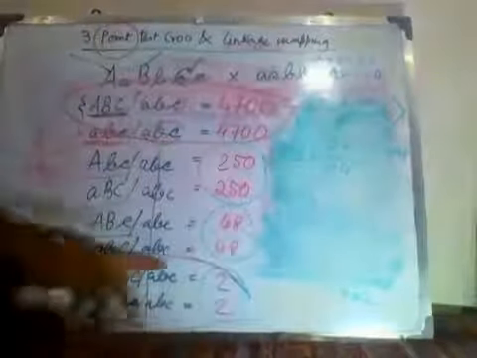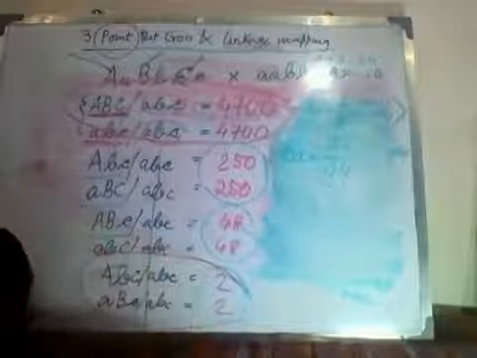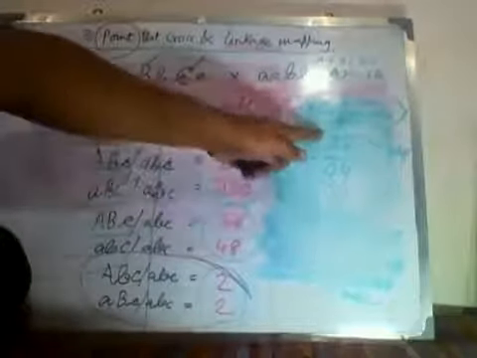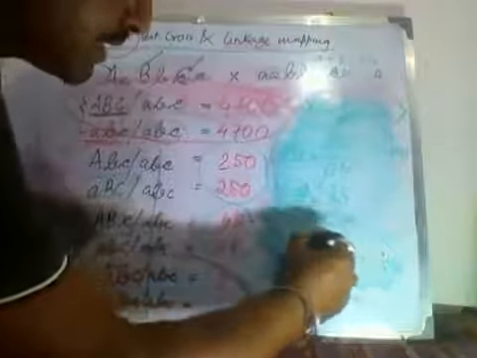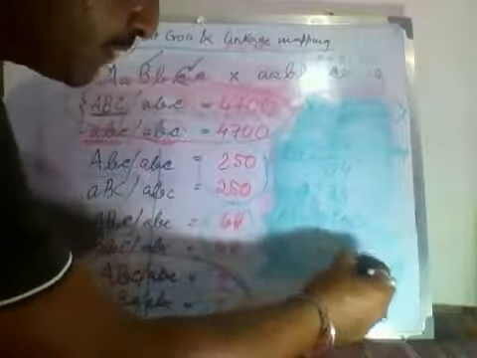This is highly probable, particularly when the double crossing over types increase in comparison to the single crossing over types. The observed DCO value is more than the expected DCO value. In this case, COC will be 1.25. It's more than 1. So the COI value will be 1 minus COC, meaning 1 minus 1.25, which is minus 0.25.